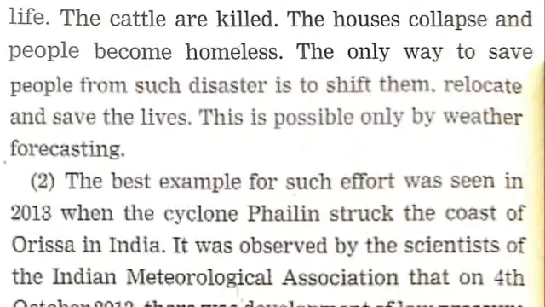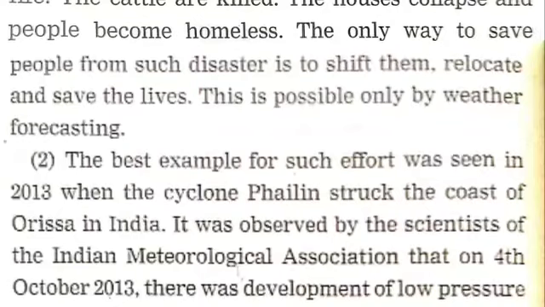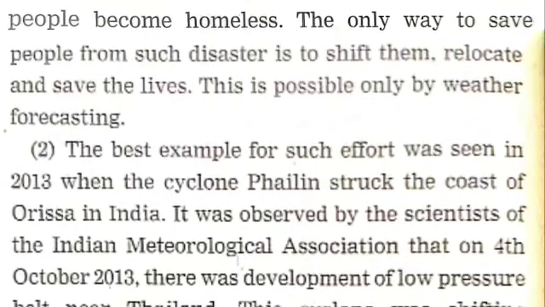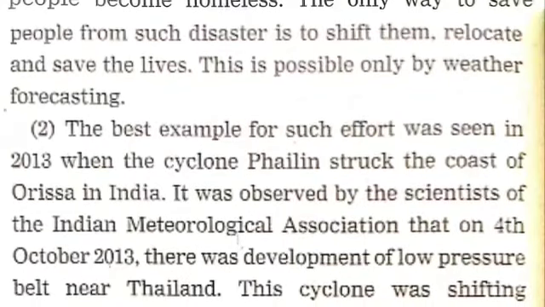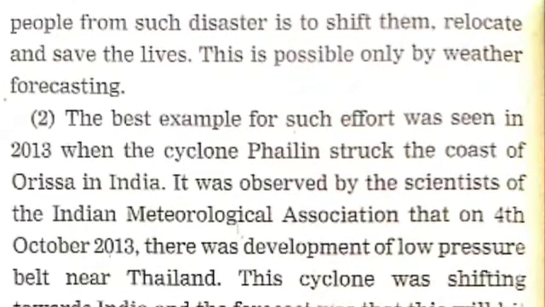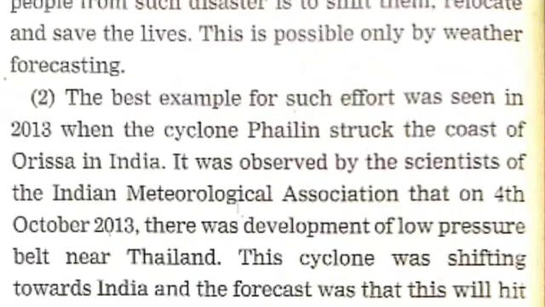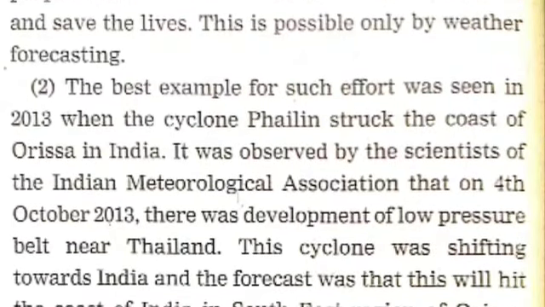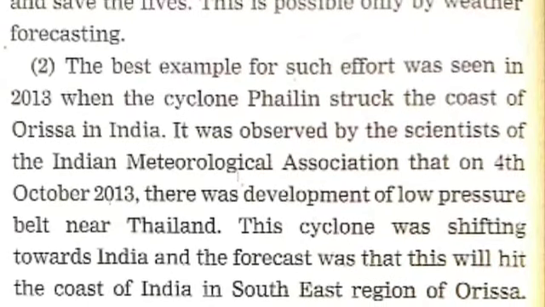The best example of such effort was seen in 2013 when cyclone Phailin struck the coast of Orissa in India. It was observed by the scientists of the Indian Meteorological Department that on 4th October 2013 there was development of a low pressure belt near Thailand.